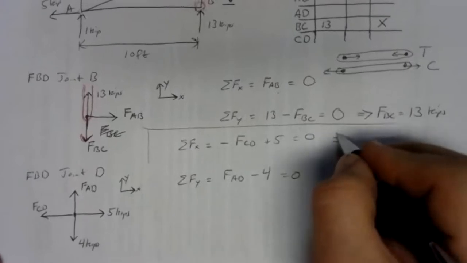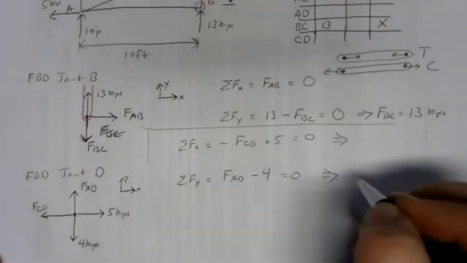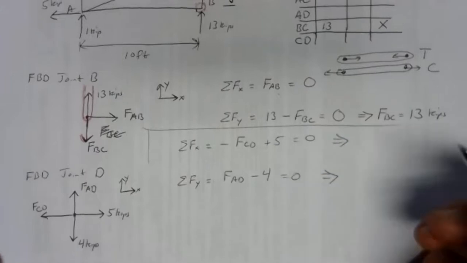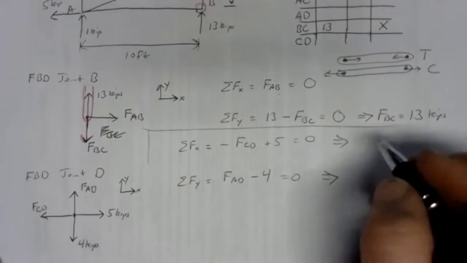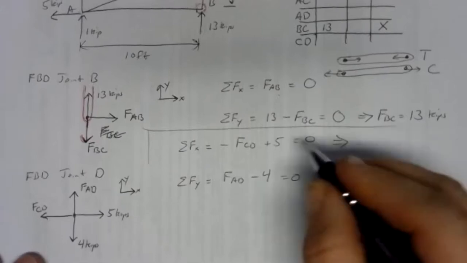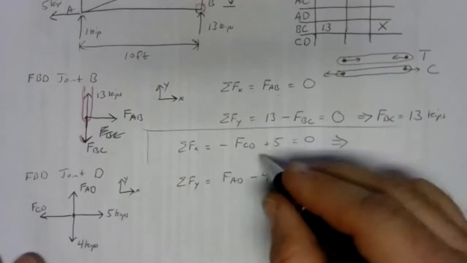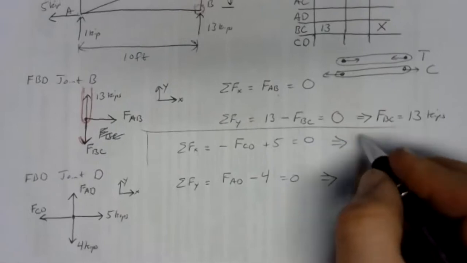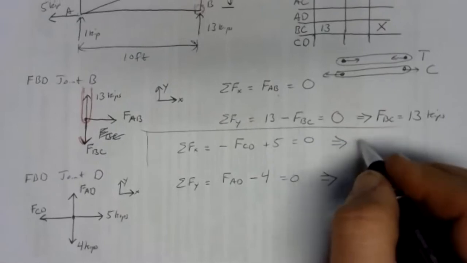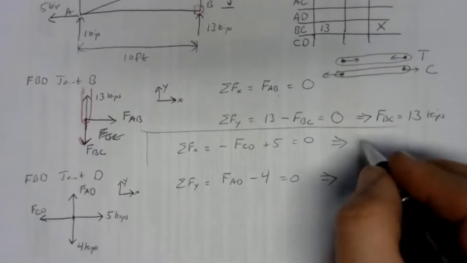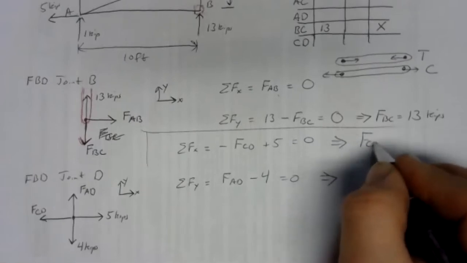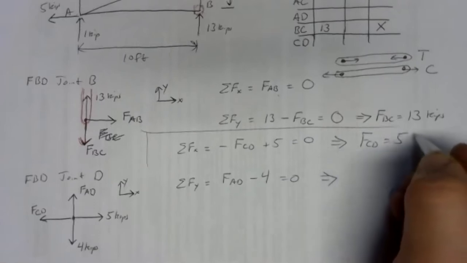And they're both pretty easy to solve. Again, no sines, no cosines. The equations are completely separate from each other, so there's no mixing of unknowns between equations. So pretty easy to solve. Be careful with your negative signs. Don't introduce something incorrect or jump to a conclusion by trying to solve it by inspection rather than working it out. But FCD will come out to be a positive 5 kips.